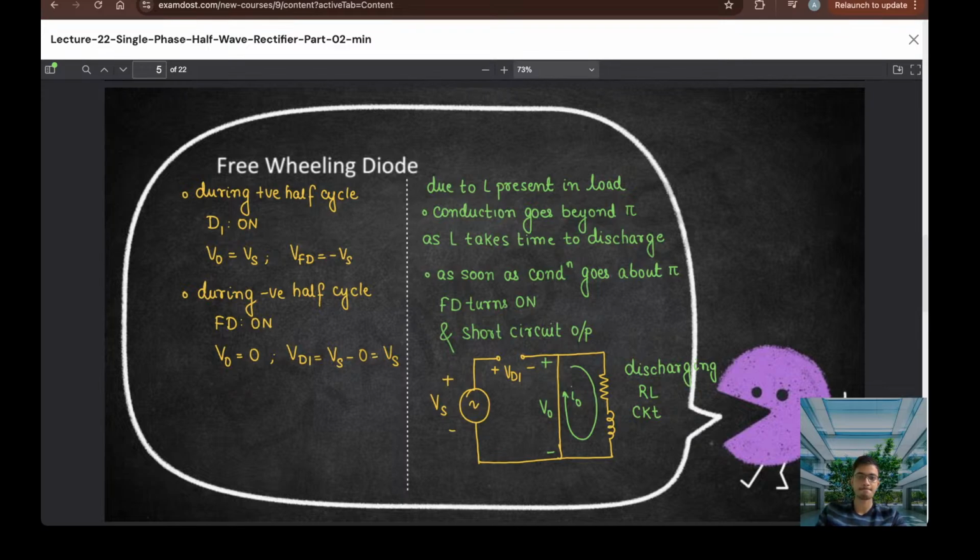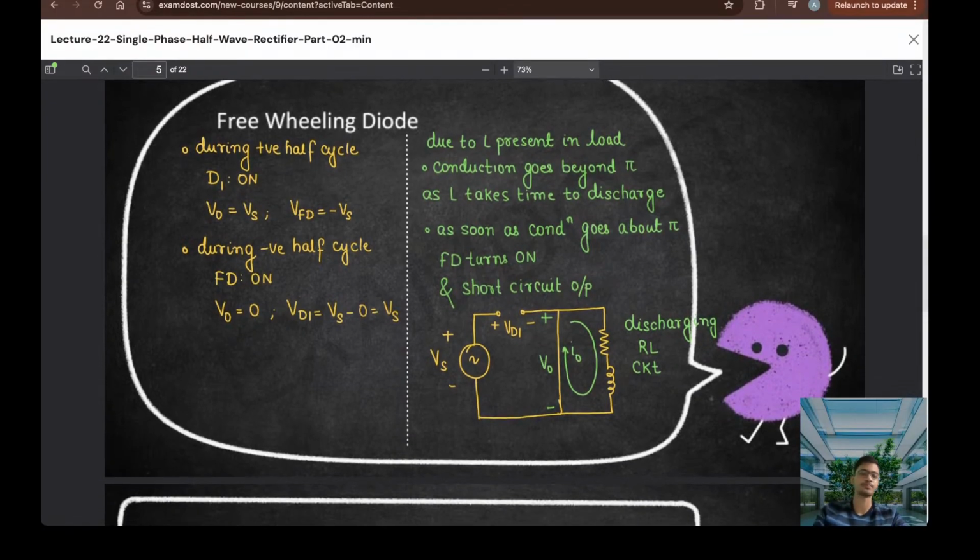Due to the inductor present in the load, conduction goes beyond pi and L takes time to discharge. As soon as conduction goes beyond pi, the freewheeling diode turns on and short circuits the output. Got it?